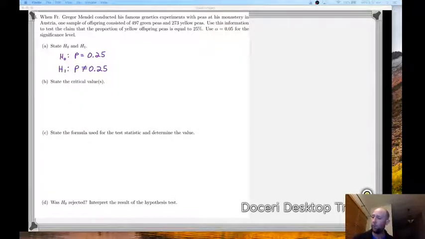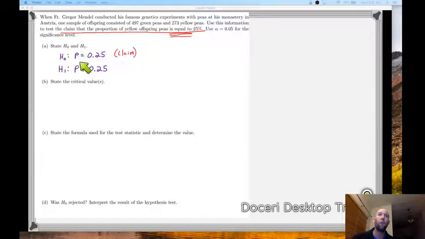Also in this problem, they tell us the claim is that the proportion of yellow peas is equal to 25%. And so if the claim includes equality, the claim is the null hypothesis. And that's helpful here for wording our conclusion.